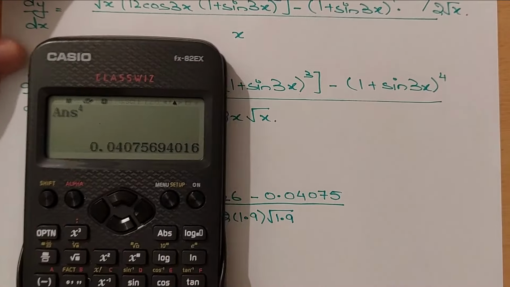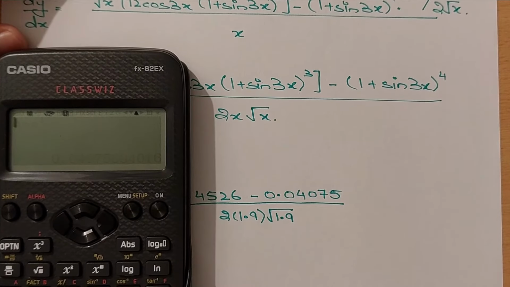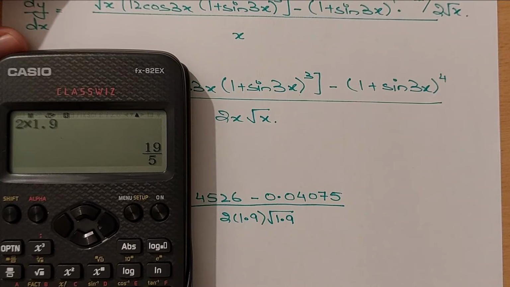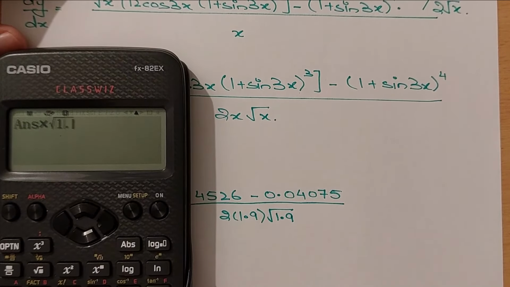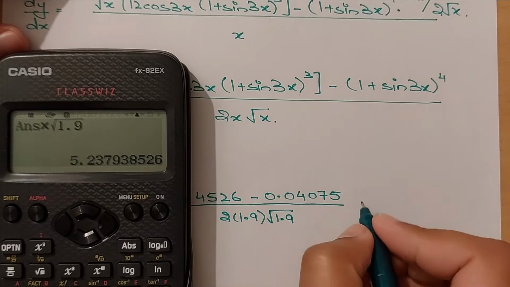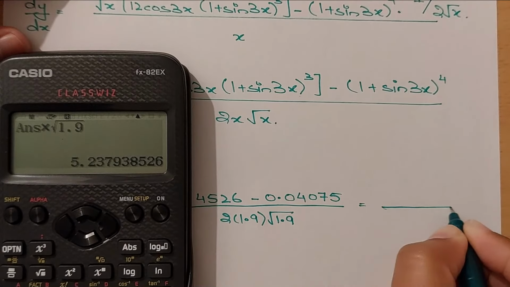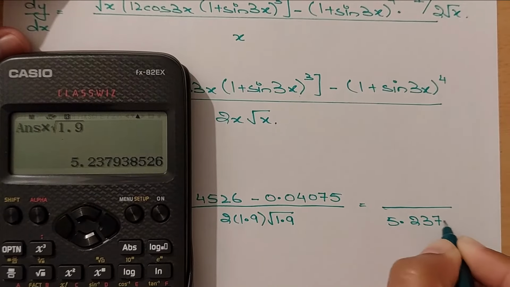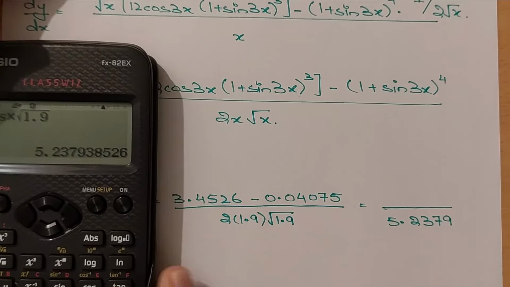Right, what is the denominator? 2 times 1.9 times square root of 1.9. That is equal to 5.2379. Let me solve the numerator.